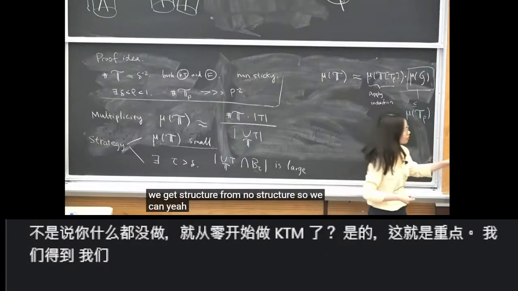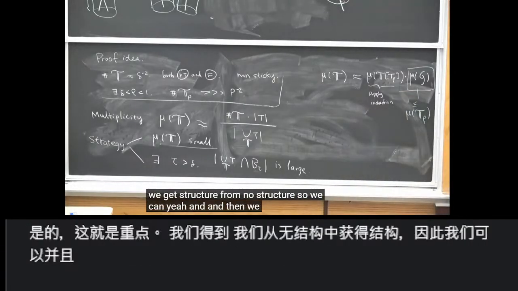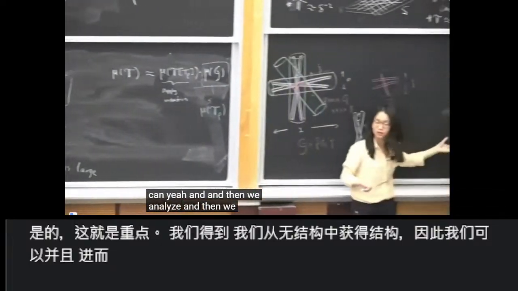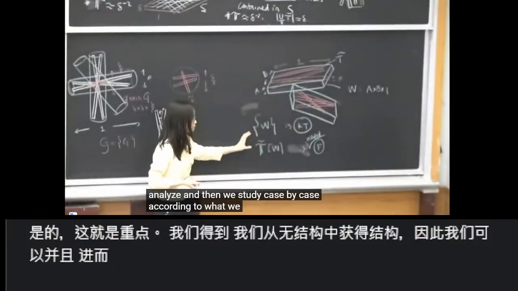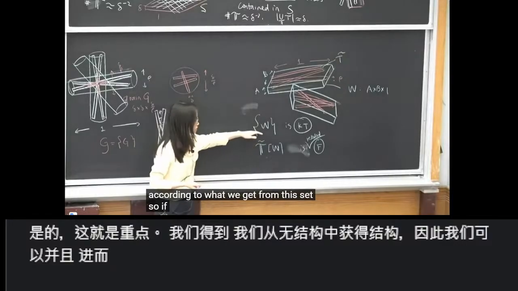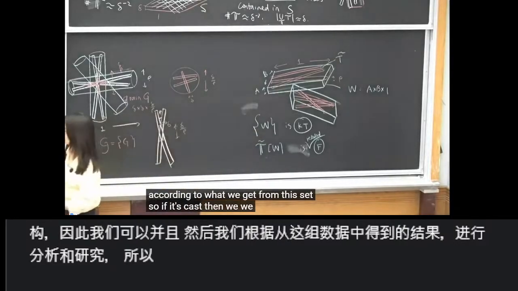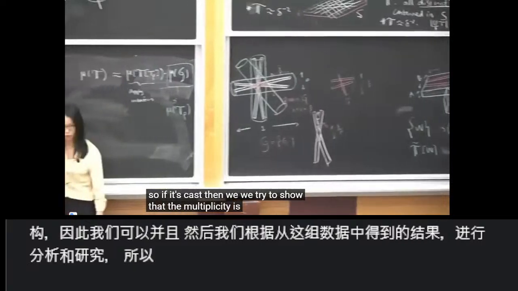Then we study case by case according to what we get from this set. If it's Kakeya, then we try to show that the multiplicity is small.